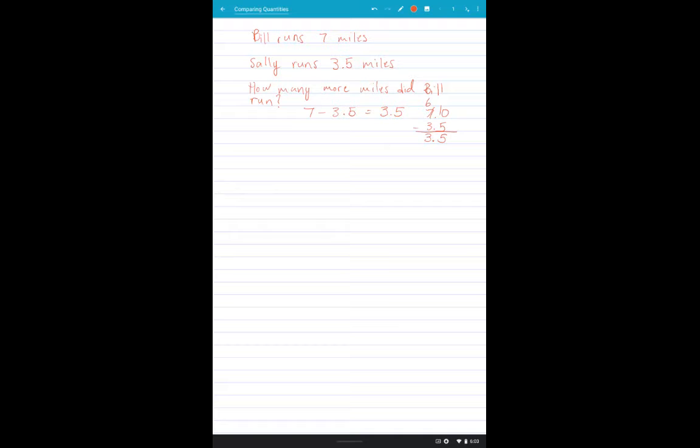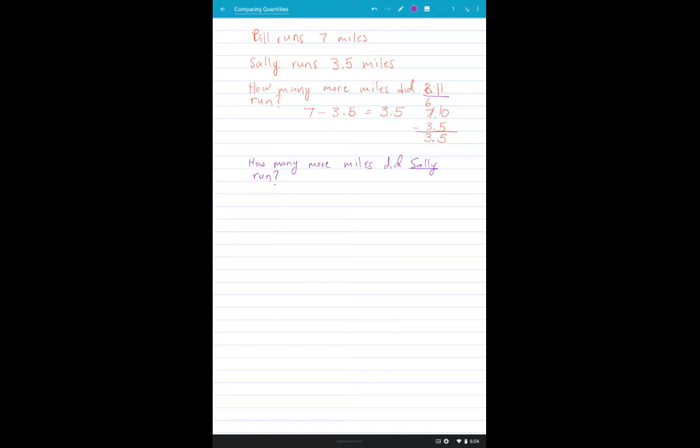Notice, whenever you have these types of word problems, they will set it up so the answer is always positive. What you will also learn in the 7th grade, which I am kind of jumping ahead of the curriculum, is you will have problems similar to this, but the only difference is the same question: how many more miles did Sally run?